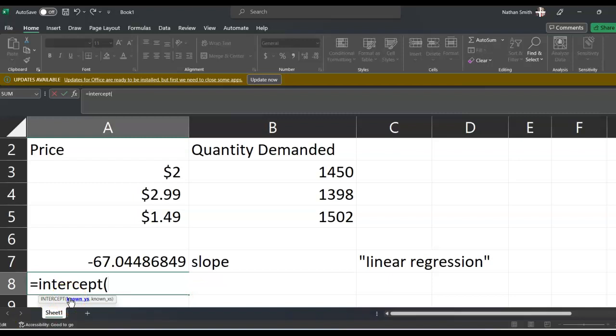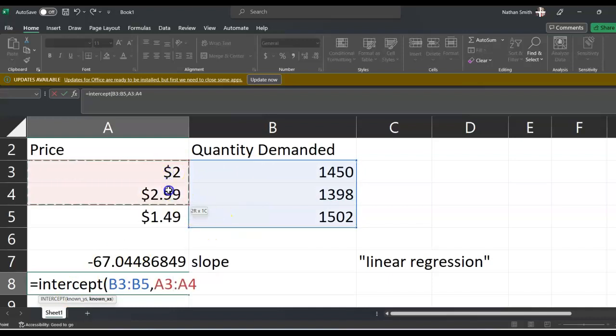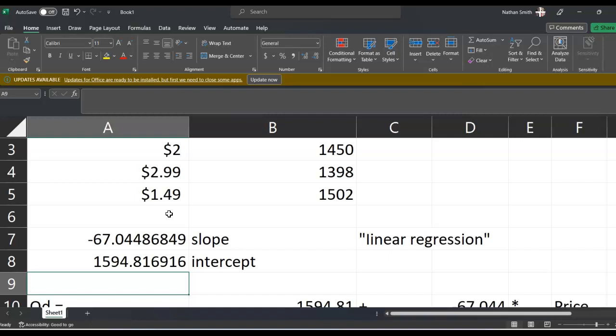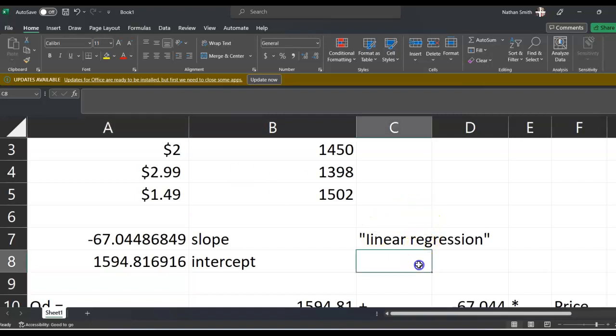It wants the y's first, so the y's are the quantity demanded, comma, the x's are the prices. Okay, so again, exactly like you did with the slope formula, and it gives you what we call the intercept.